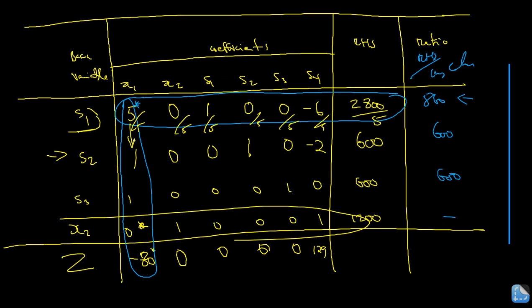Okay, now we're going to make our formulas. Let's see how we're going to do this one. Our formulas will be very simple for this, because here we just have ones. Now we need to make, let's say row 1, row 2, row 3, row 4, row 5. We need to make row 2, row 3, row 5 become zeros with the help of our new key element, which is a 1, not 5 but a 1.